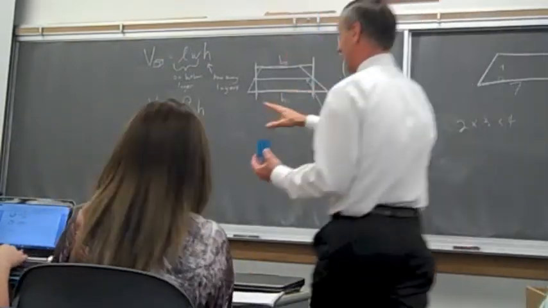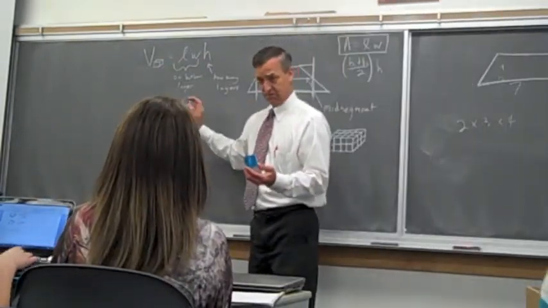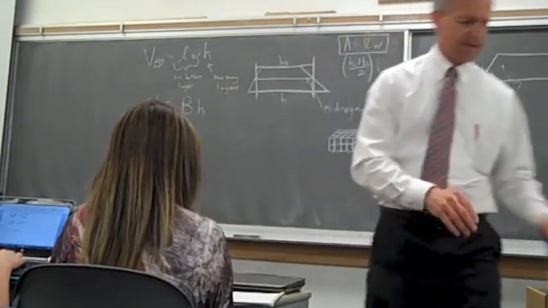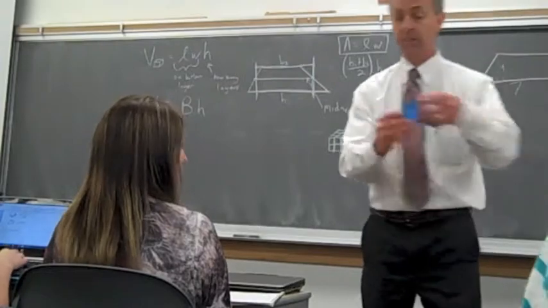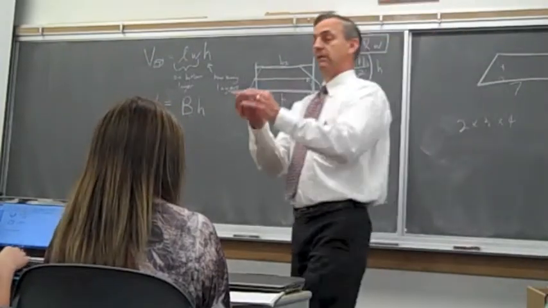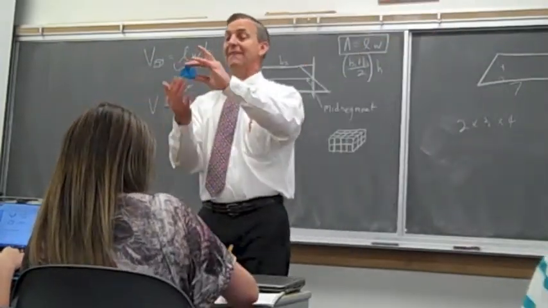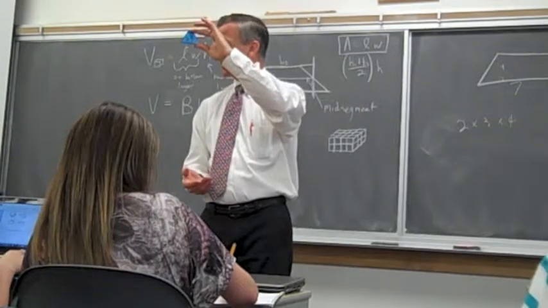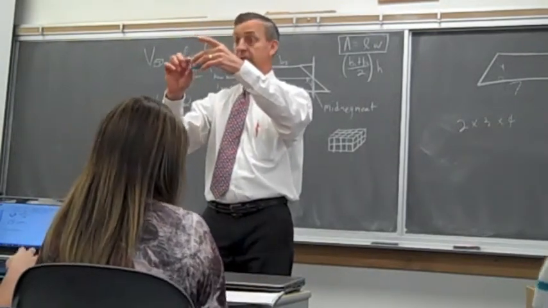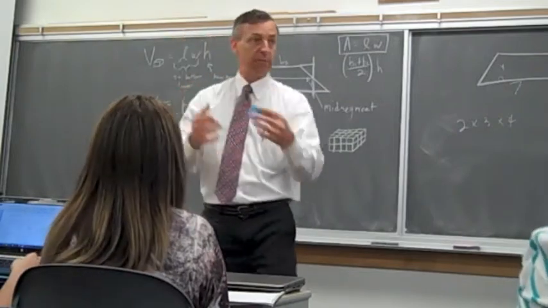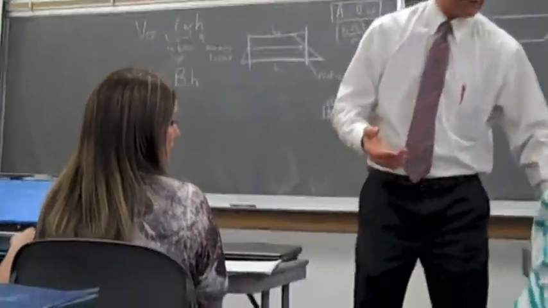So this formula is very versatile. It works for this. Find the base area. This time it's a triangle, so I'm going to use the triangle formula. That'll tell me how many are on the bottom layer, and then I just multiply it by the height, which is the number of layers.